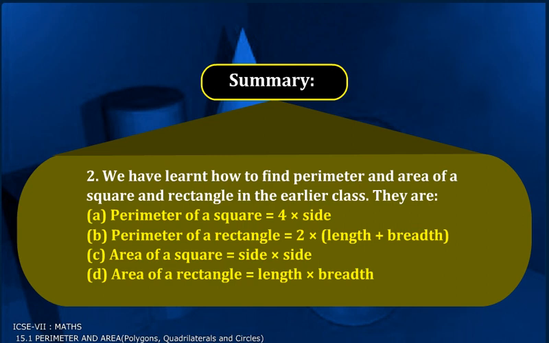They are: A. Perimeter of a square is equal to 4 into side. B. Perimeter of a rectangle is equal to 2 into bracket length plus breadth. C. Area of a square is equal to side into side. D. Area of a rectangle is equal to length into breadth.